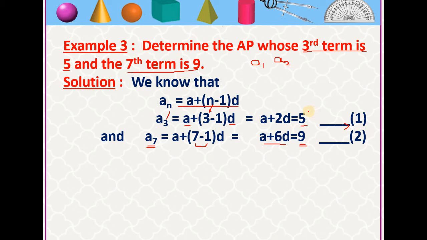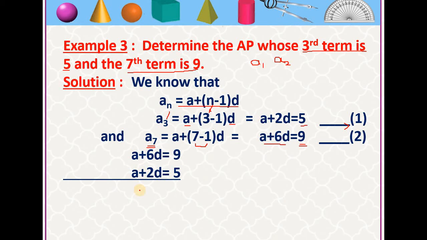Now let us solve equation 1 and equation 2 by eliminating any one of the variables. Let us write equation 2, a plus 6d is equal to 9, first. Then let us write the second equation, a plus 2d is equal to 5. Now let us subtract these two equations.